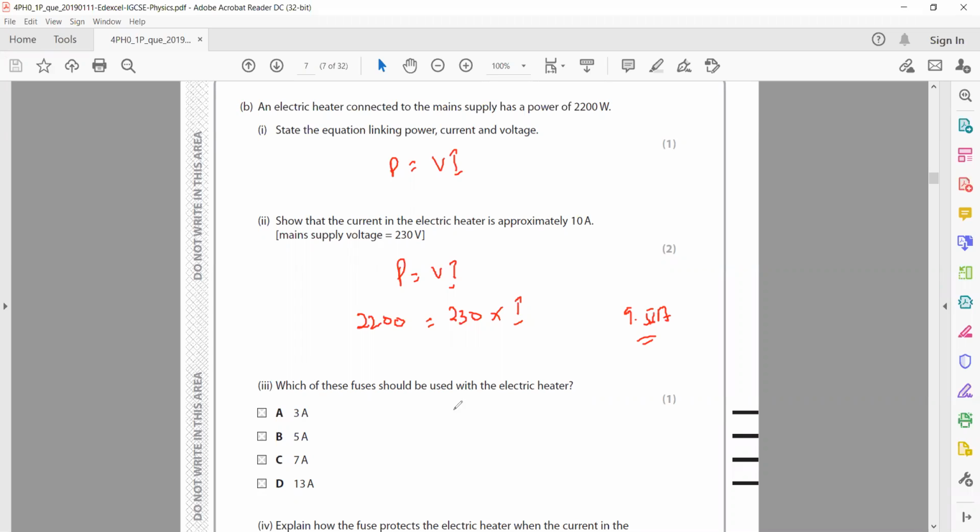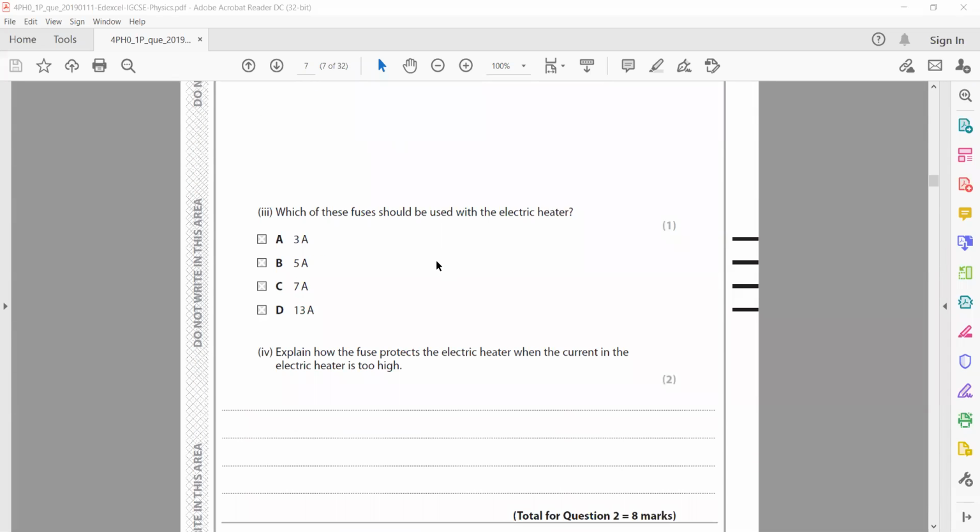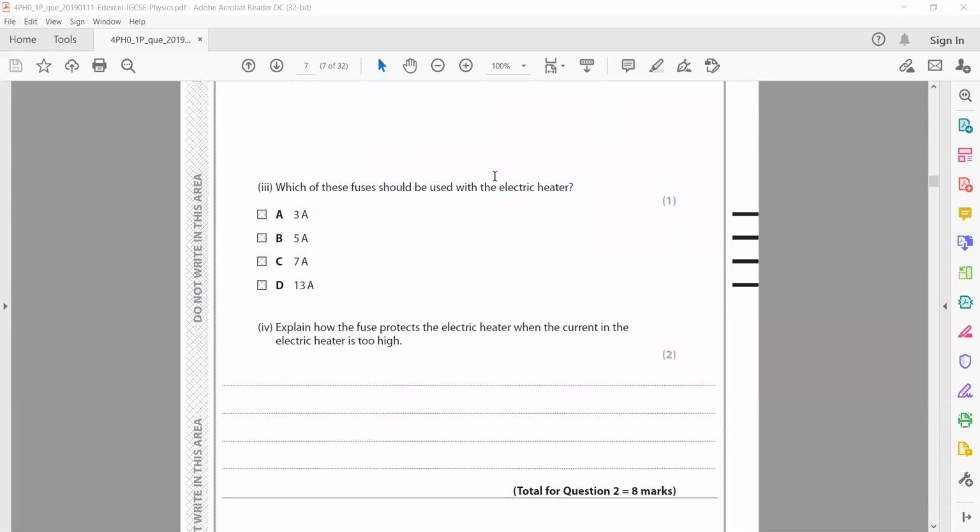Which of these fuses should be used with the electric heater? The current is approximately 10, so we should use a fuse which is a bit more than that. So we can use a 13 ampere fuse. Explain how the fuse protects the electric heater when the current is too high.